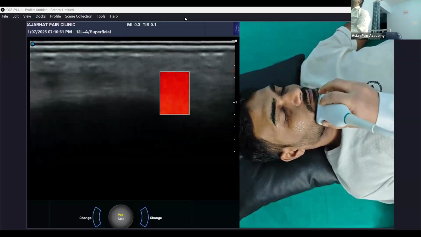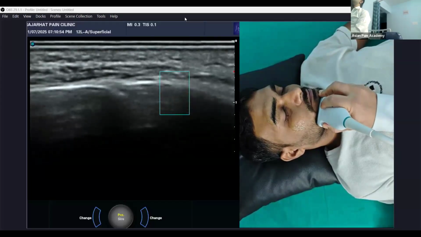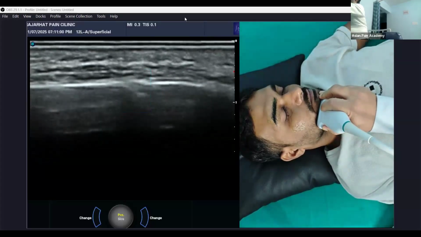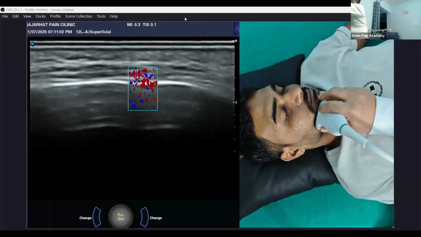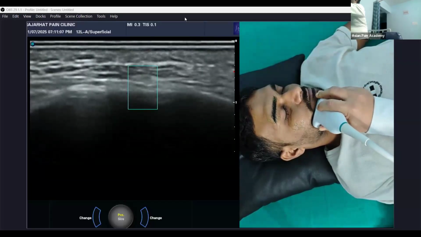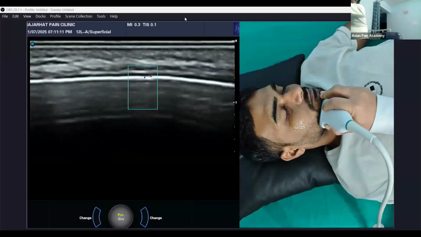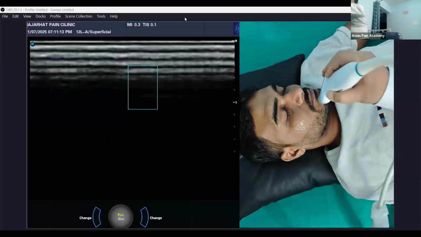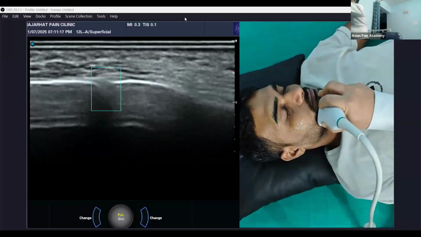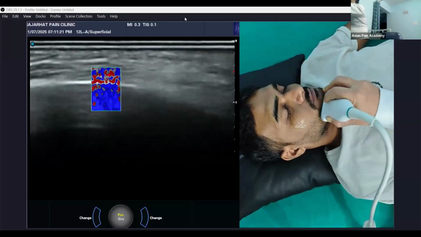In young people it is very easy, but in old people it gradually goes up, towards the upper margin, I mean the gingival margin. So then it becomes a bit tough to find.